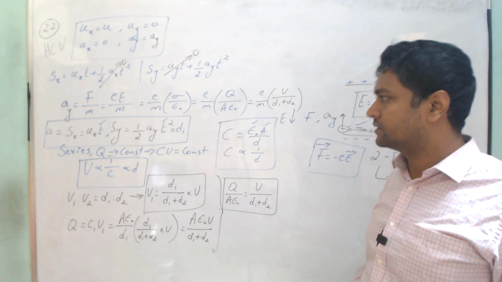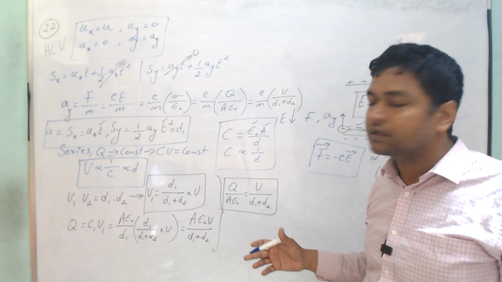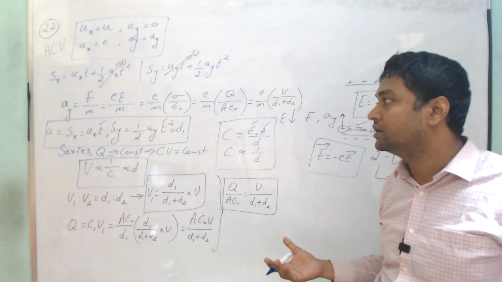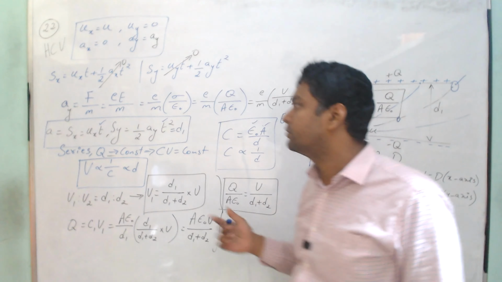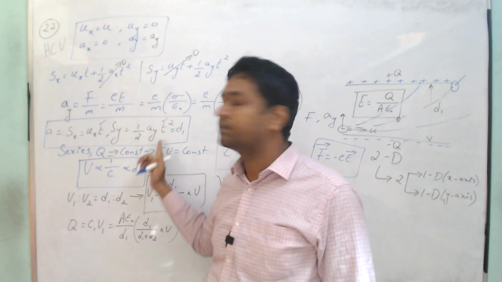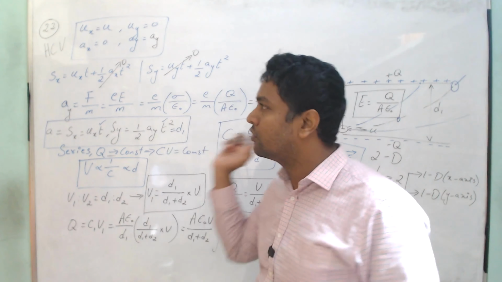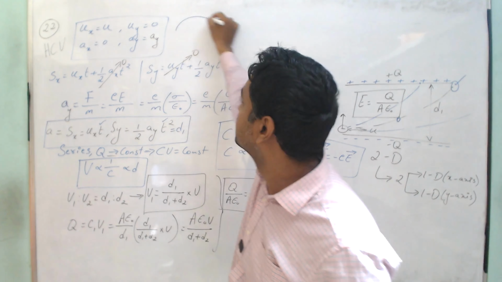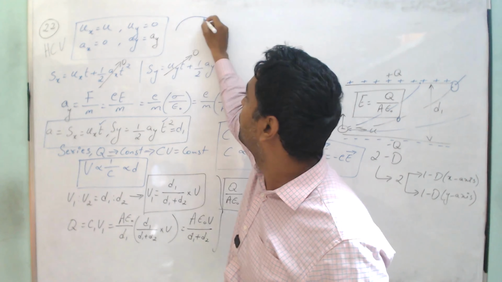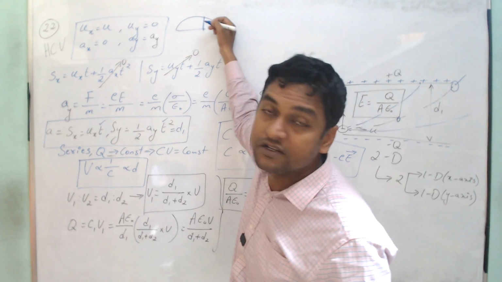Next, I am saying the important thing in this entire story. My problem I am solving on the basis that time is the same. There is one cricket ball. I threw the cricket ball, projectile. It's going like this. At any point, I will find horizontal displacement and vertical displacement.